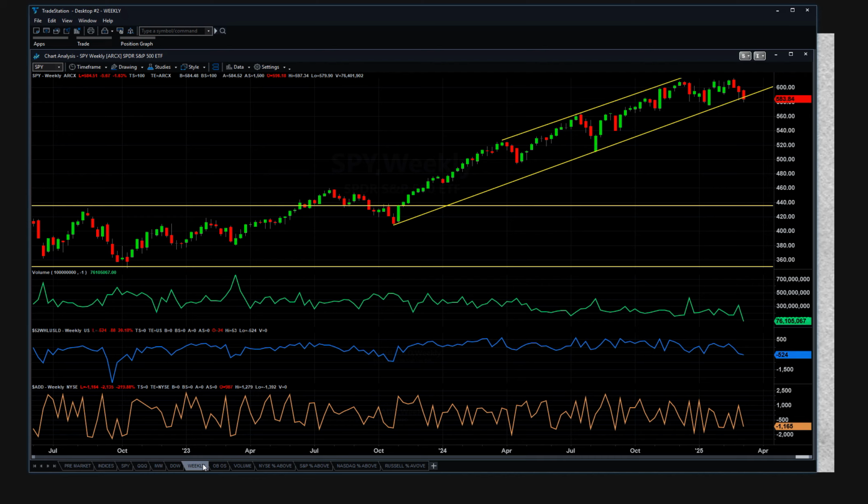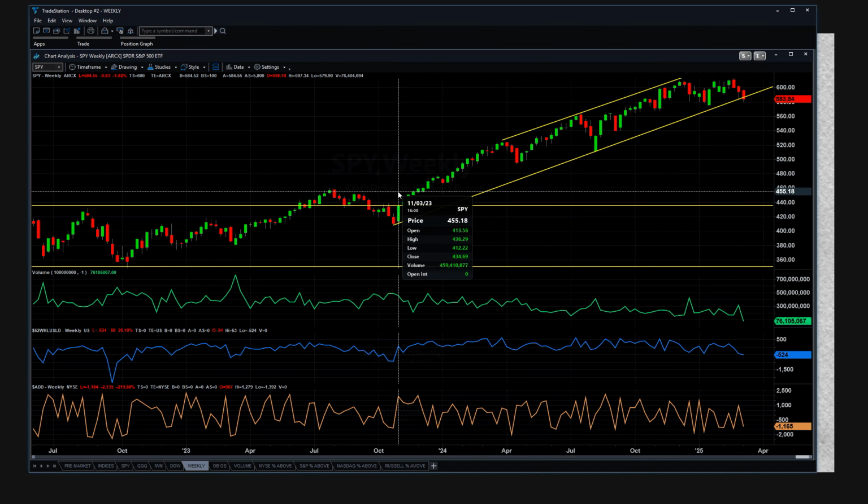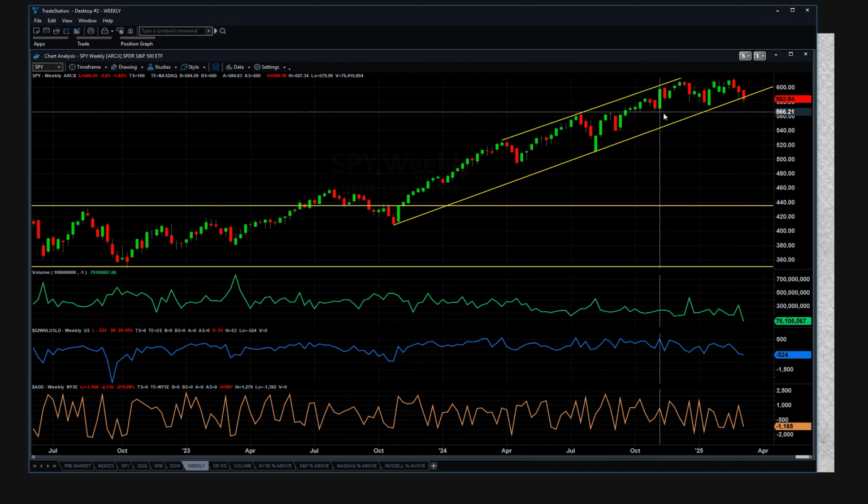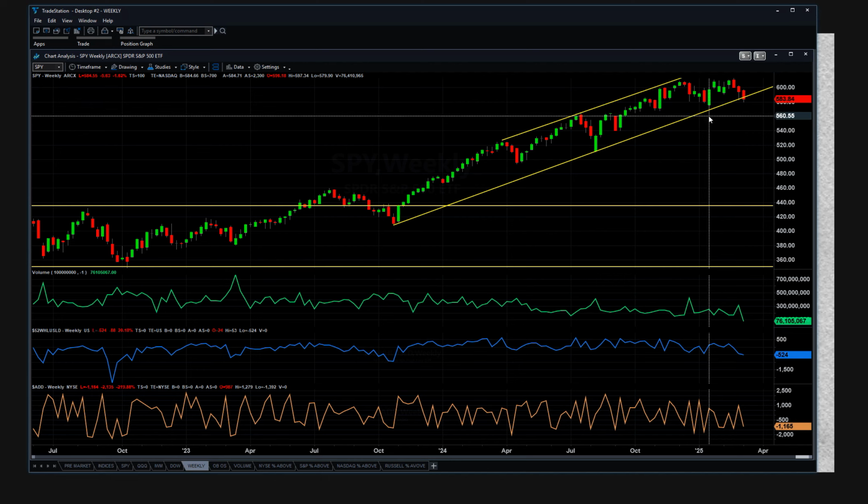Now, on this weekly chart, you can see a series of higher highs and higher lows, so it is an uptrend on a weekly basis, going back to November of 2023, so over a year ago. Now, this low right here on this day is 575.